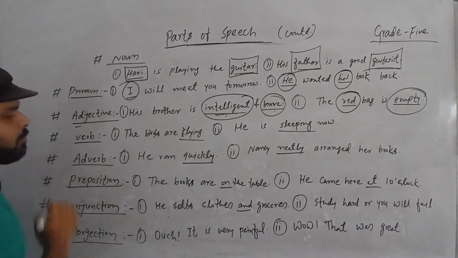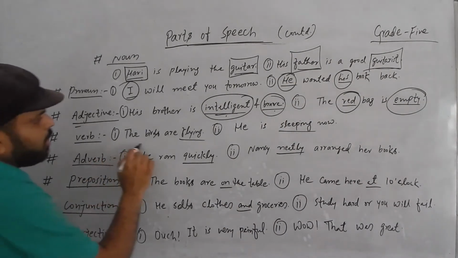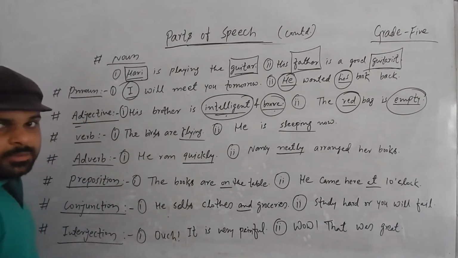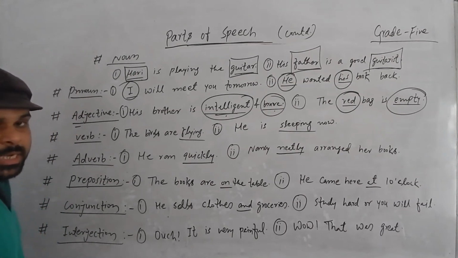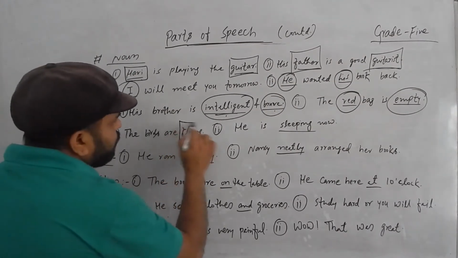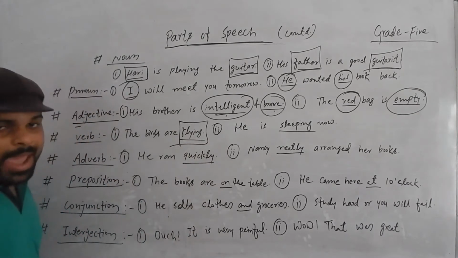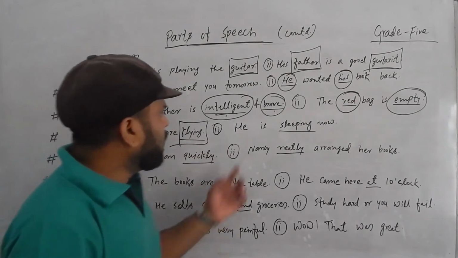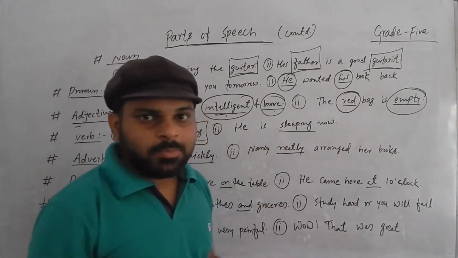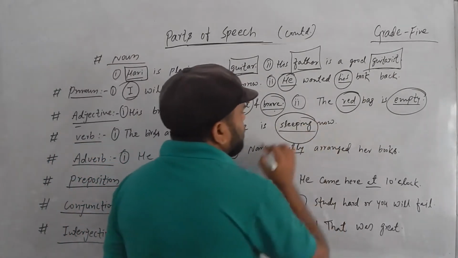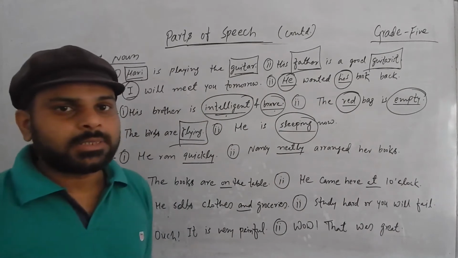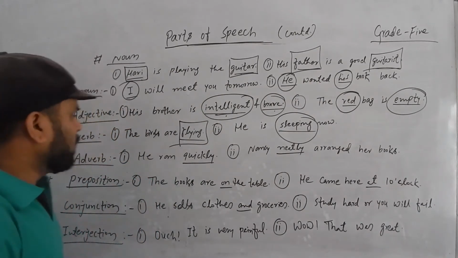Next, verb. The birds are flying. Which word is the verb in this sentence? Of course, flying. It's an action. Next, he is sleeping now. Easily you can say sleeping is the verb here.